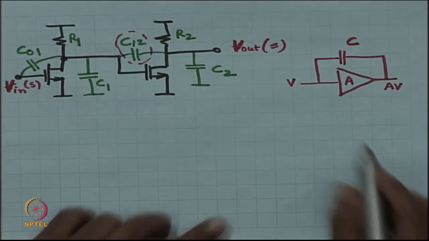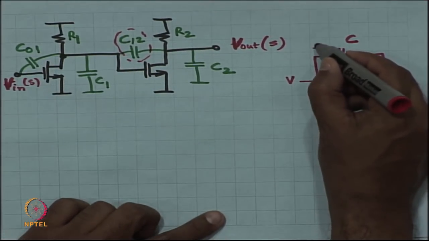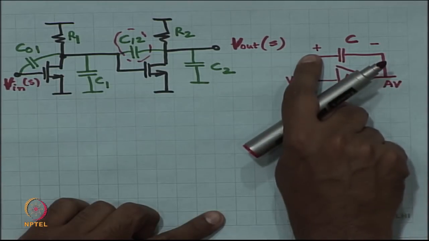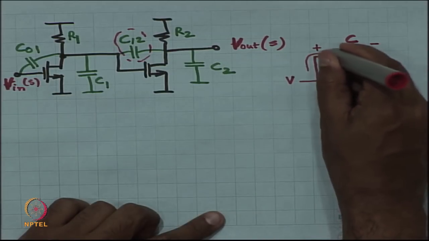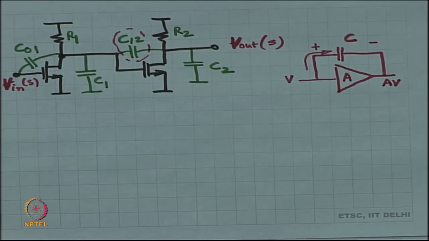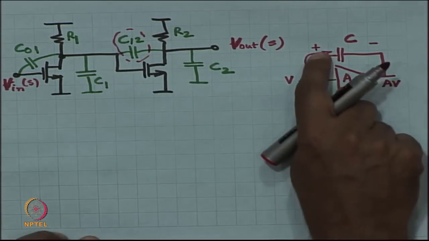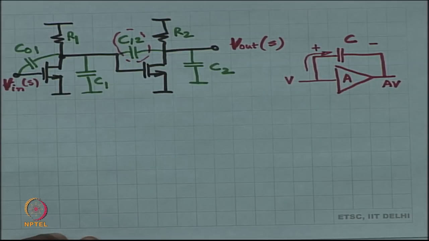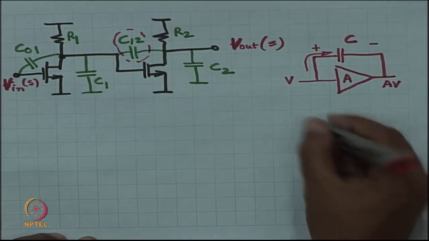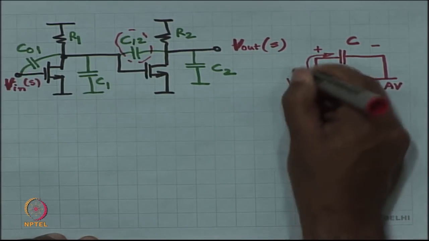If the voltage at the output is A times V, then the voltage across the capacitor is V minus A times V, that is the net voltage across the capacitor, and therefore, the current in the capacitor is C dV by dt, okay, where V is (1 minus A) times capital V.